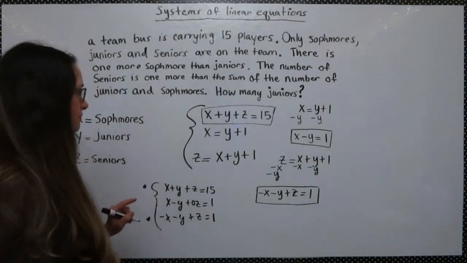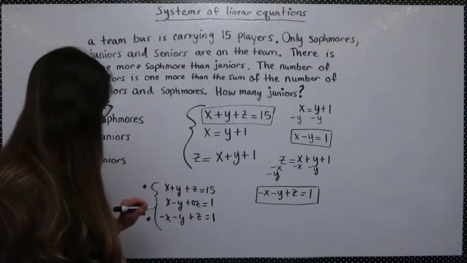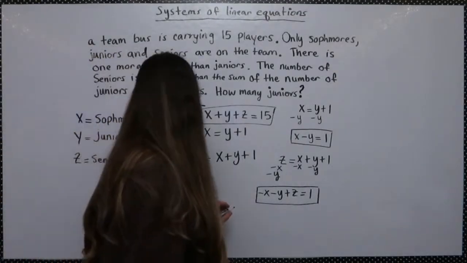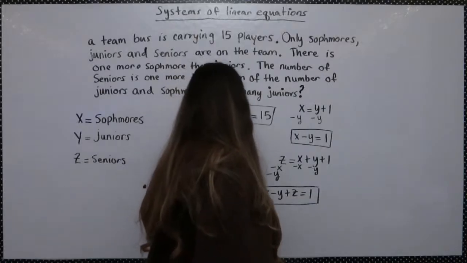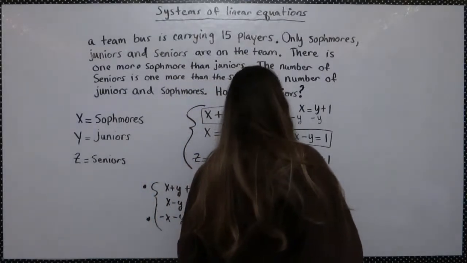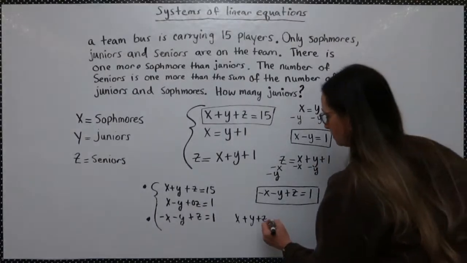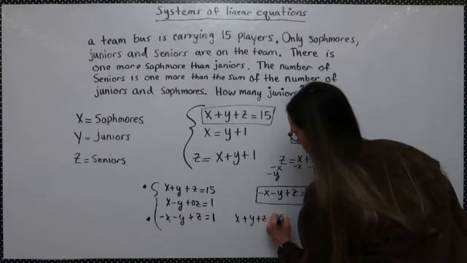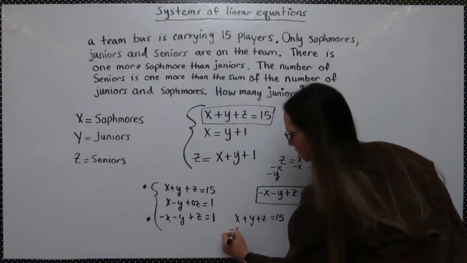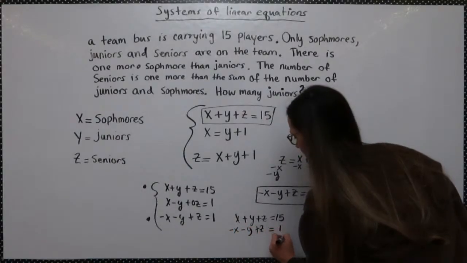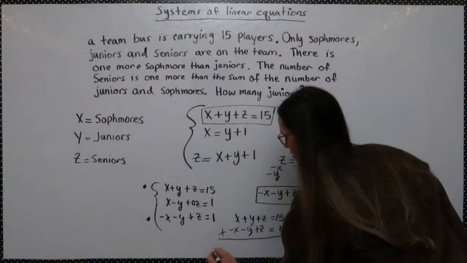So that is my very first step. I'm going to add x plus y plus z equals 15 and negative x minus y plus z equals 1. We're going to add those equations together.